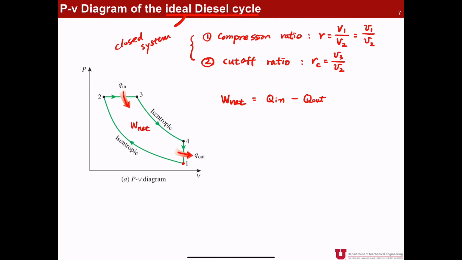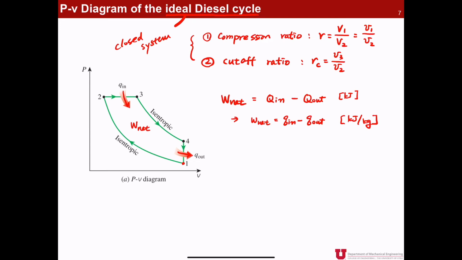So in this case, let me just use a capital letter instead of a small letter as you see in the PV diagram, so don't worry about these small things. We can use the same equation with everything per unit mass. So in this case, the unit is kilojoule per kilogram.